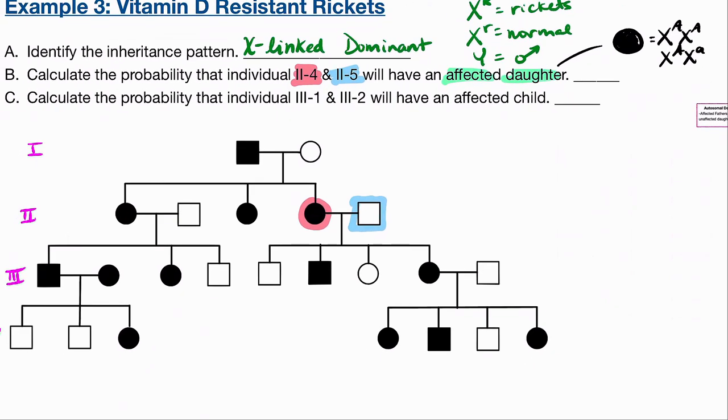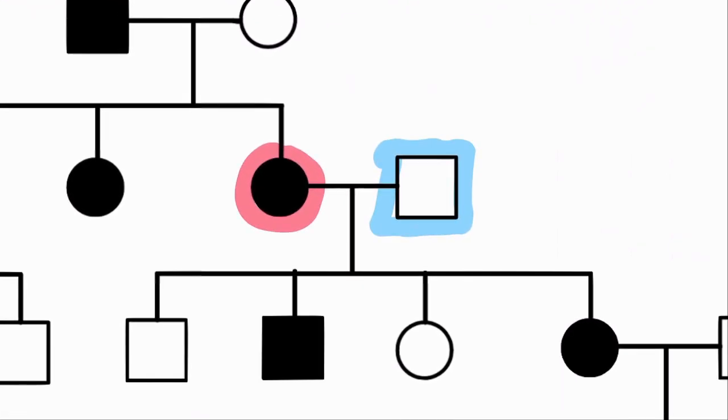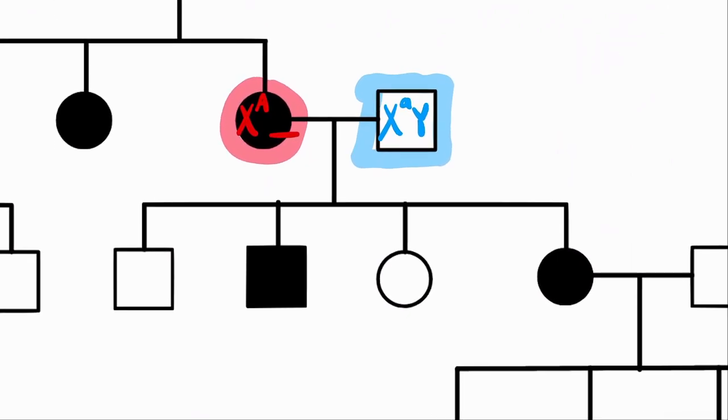Let's figure this out. This mother here is affected, so she has at least 1 big A. I'm not sure what the second one is. The father is not affected, so he has a little a, and a Y because he's a male. So we have to look at their children.